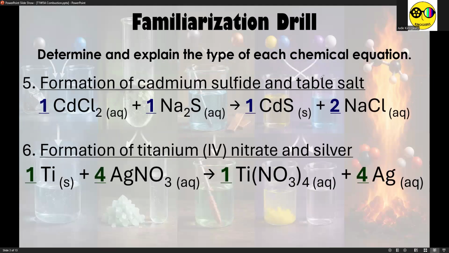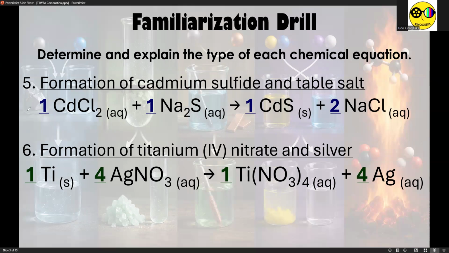Next, I also ask you to determine and explain the type of each chemical equation. So for number five, we have the formation of cadmium sulfide, CdS, and aqueous table salt, NaCl, from aqueous cadmium chloride, CdCl2, and aqueous sodium sulfide, Na2S.